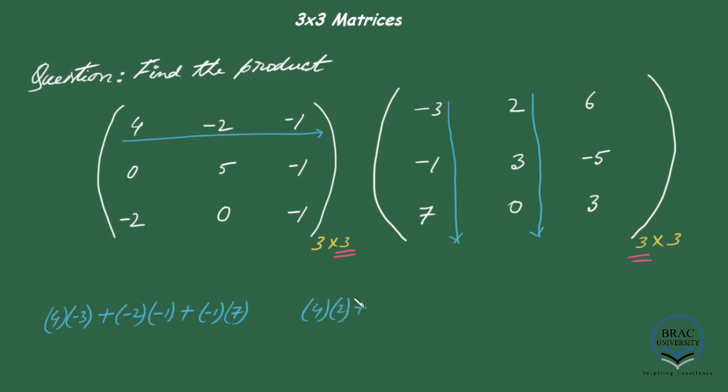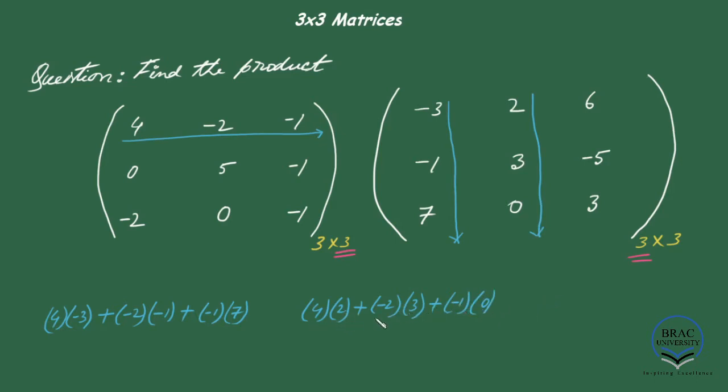We have to add all of them up eventually, so we write a plus sign, and then the second element of this selected row is -2, and the second element of this newly selected column is +3, and the third element of this selected row is -1, that will be multiplied with the third element of this newly selected column, which is 0. So we have to add all of them up.